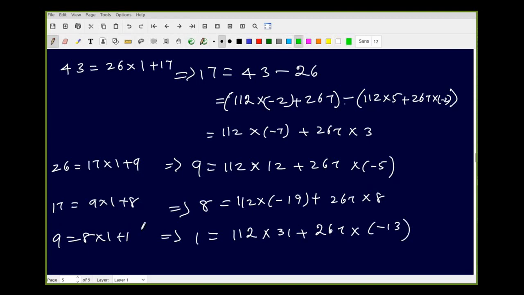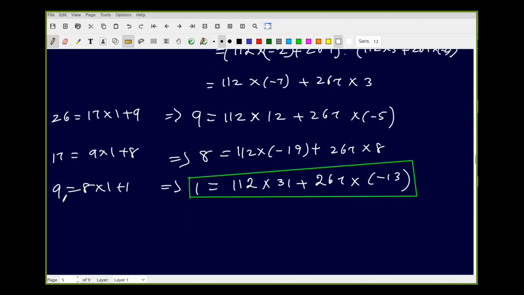So here the GCD is 1. Here we have written 1 as a linear combination of 267 and 112. Okay, so this is the Bezout identity for 112 and 267. So therefore x naught equal to 31 and y naught equal to minus 13 satisfies the Bezout identity.